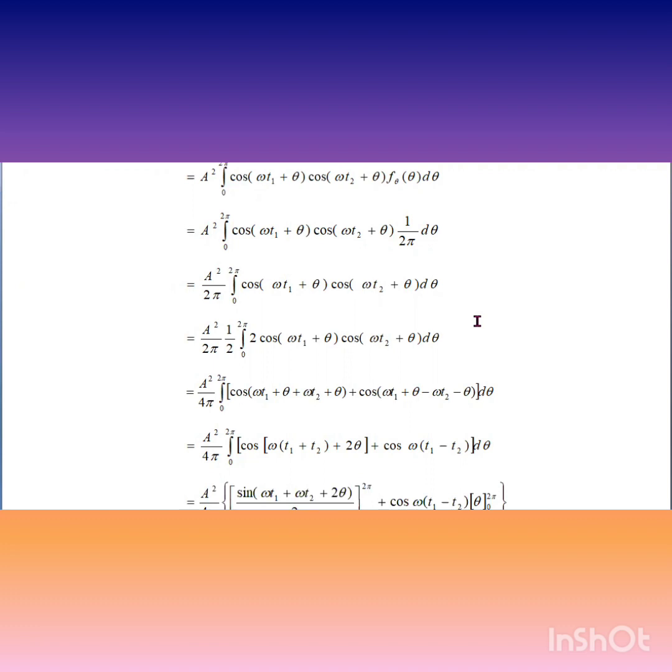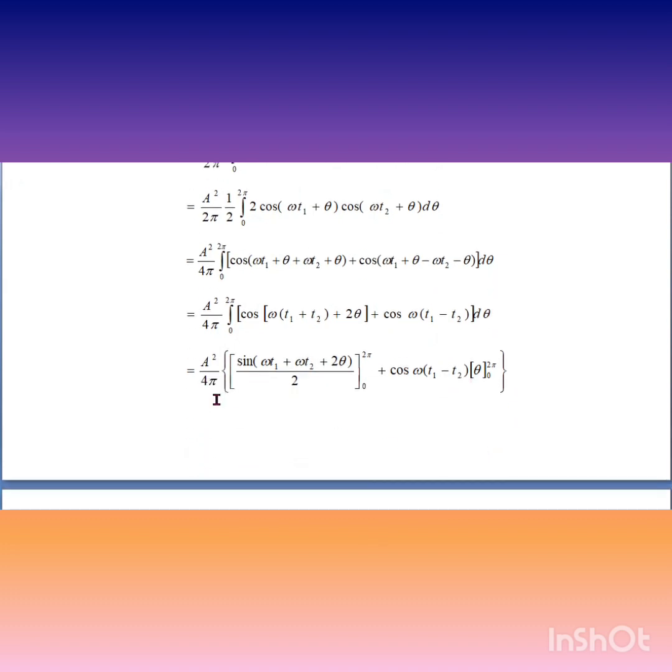So 1 by 2, A squared by 2π, that is A squared by 4π, integral 0 to 2π of cos(A + B) + cos(A − B), where A is ωt1 + θ and B is ωt2 + θ. So cos(ω(t1 + t2) + 2θ) plus cos(ω(t1 − t2)), because θ minus θ cancels, dθ.